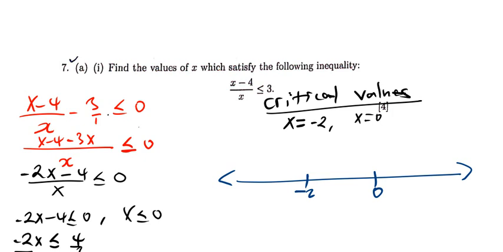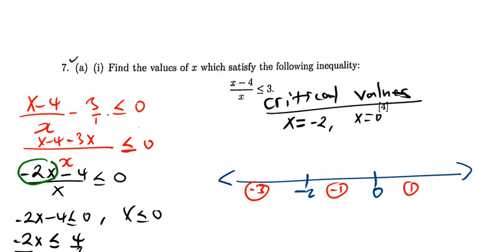What I will do is get a number in between, that is going to be negative 1. Here I'll get 1, and here I'll get negative 3. I'll start with negative 3. If I put negative 3 where there is x, this is going to be positive 6.